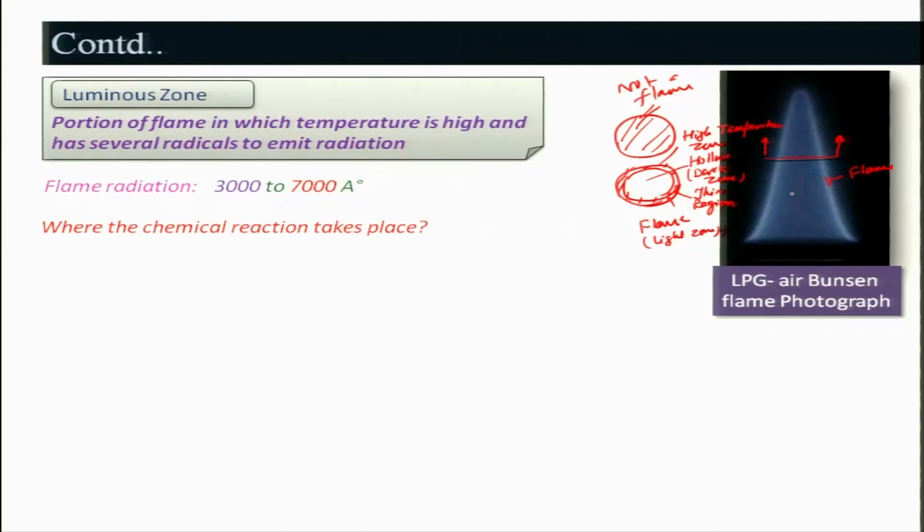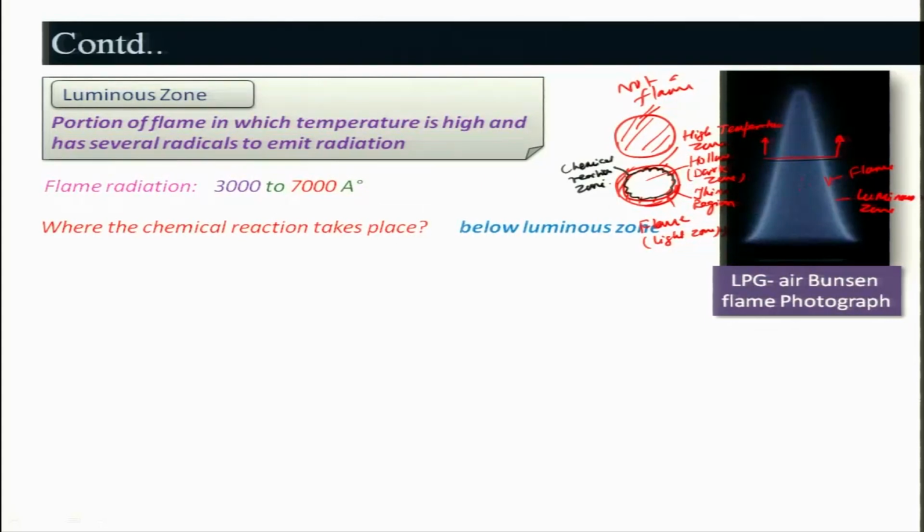The place where the chemical reaction takes place is basically below this luminous zone. This is the luminous zone, and just below that is the chemical reaction zone.